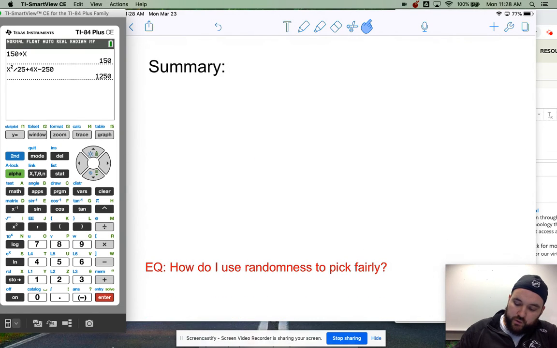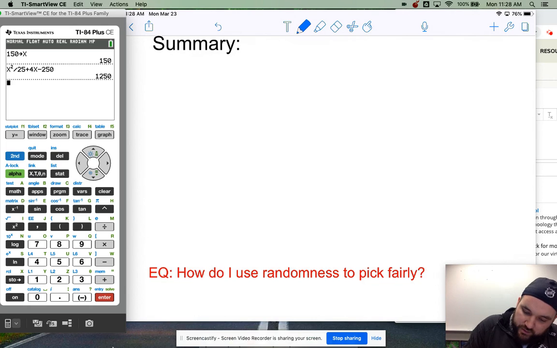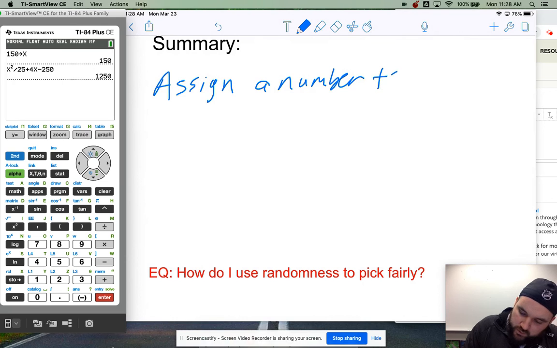Okay, so how do I use randomness to pick fairly? We're going to assign a number to each person or option.